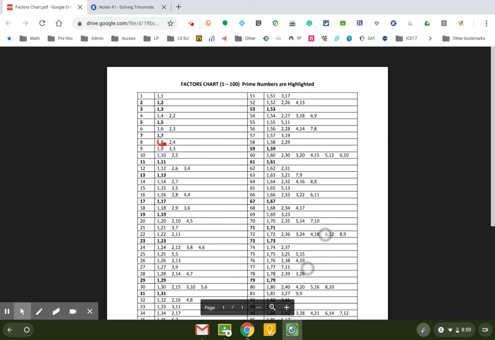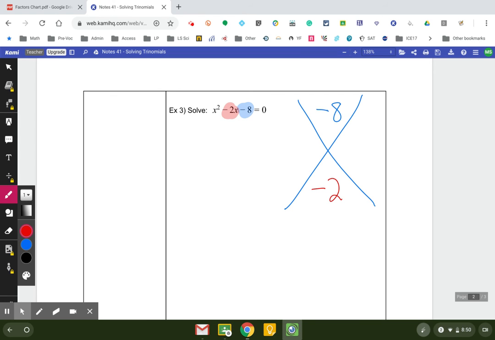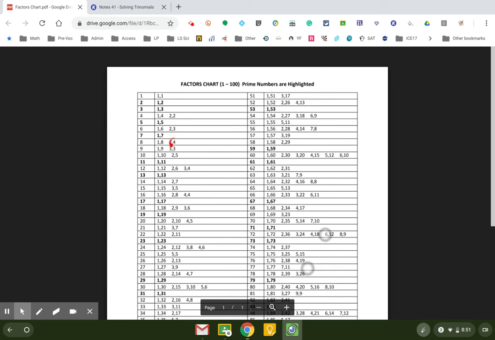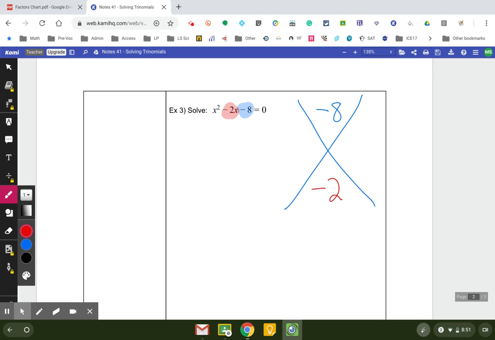Factors of 8. 1 and 8, 2 and 4. So if I look at those, and if you remember, if one of our factors is going to be negative, we're going to subtract them. So I'm going to look right here, and I'm going to notice that 4 minus 2 happens to be 2, which works for this.